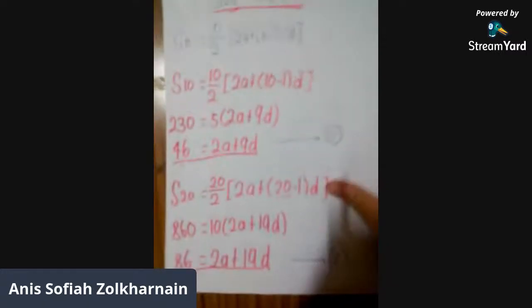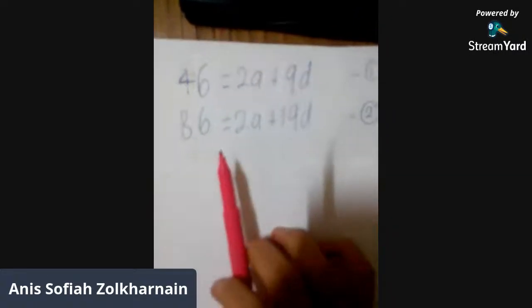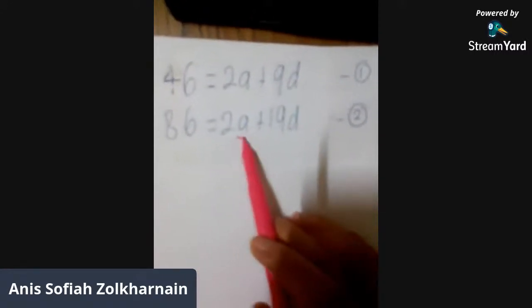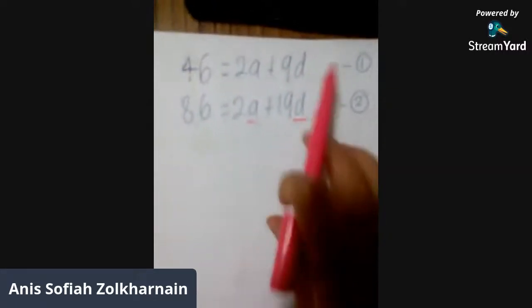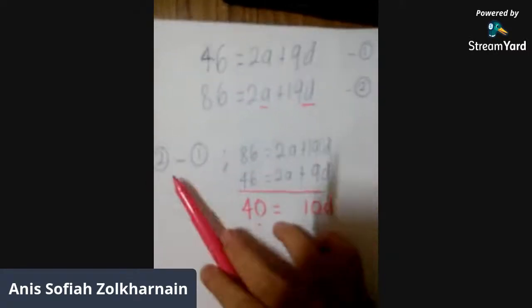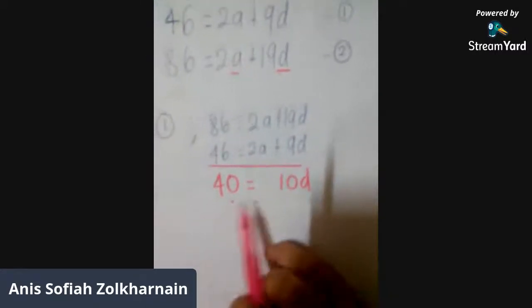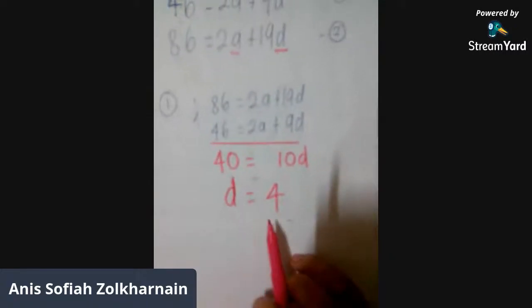So what we are going to do is use either the elimination method or the substitution method to obtain the value of a and d. Here I'm going to use the elimination method, where I subtract equation 1 from equation 2. Thus, I get 40 equals 10d, and so d equals 4.